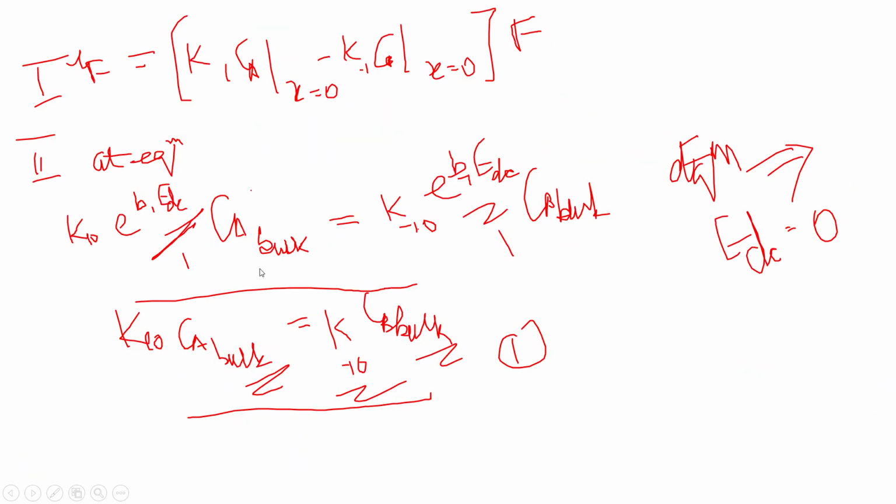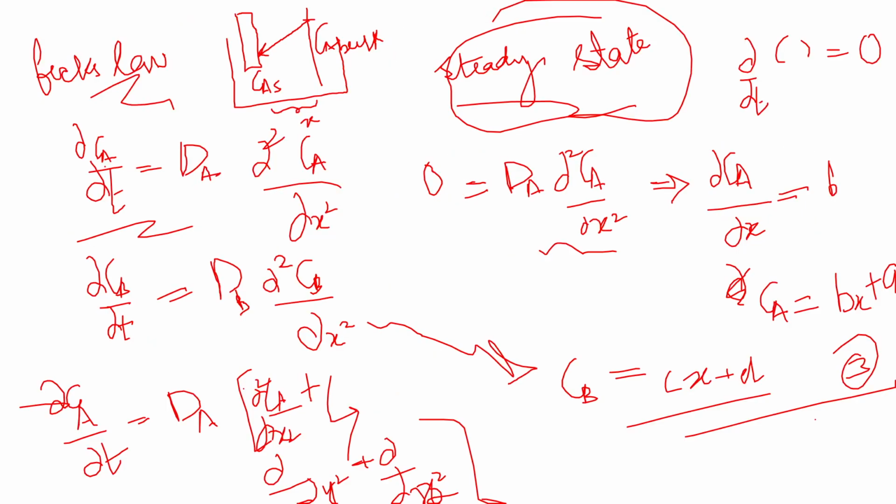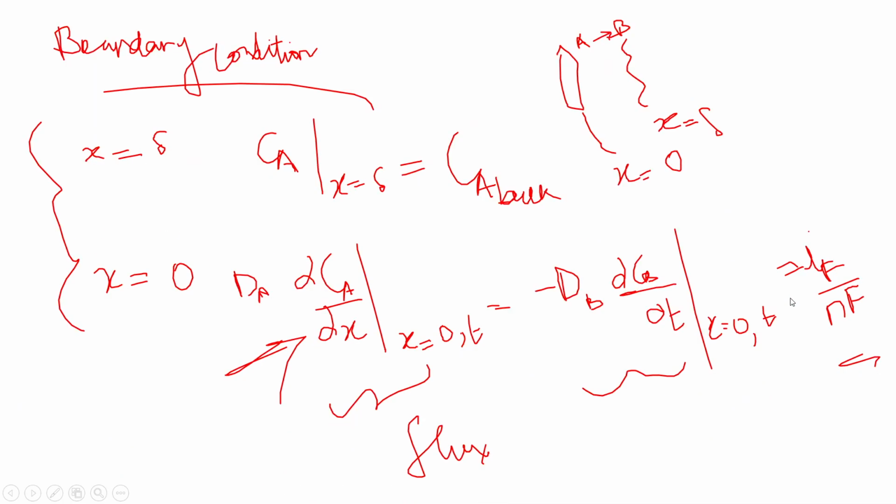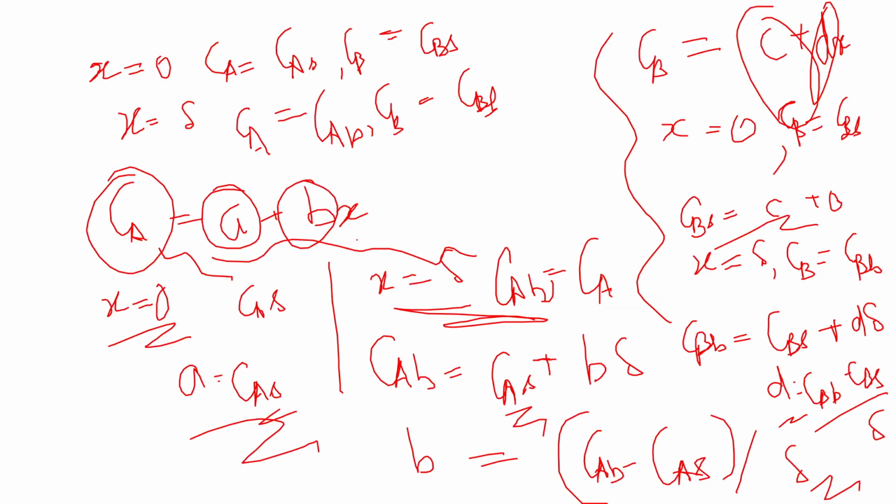For that, we found that at equilibrium the forward and the backward reactions are equal, and from that you get the expression relating K1, CA bulk and CB bulk. In fact, if you know one of the bulk concentrations, you might not be given CB bulk directly in any question. You will have to find it on your own because there's a relation. Then we applied Fick's law and based on that found the concentration.